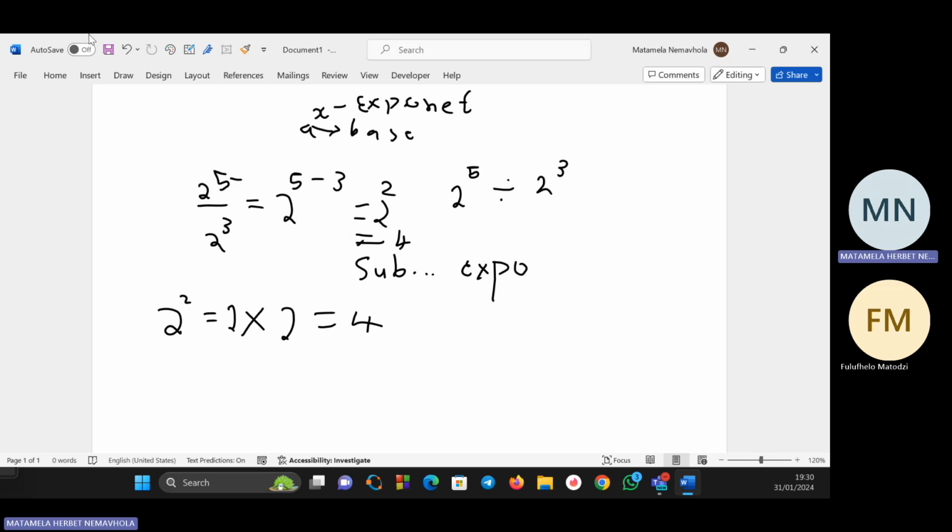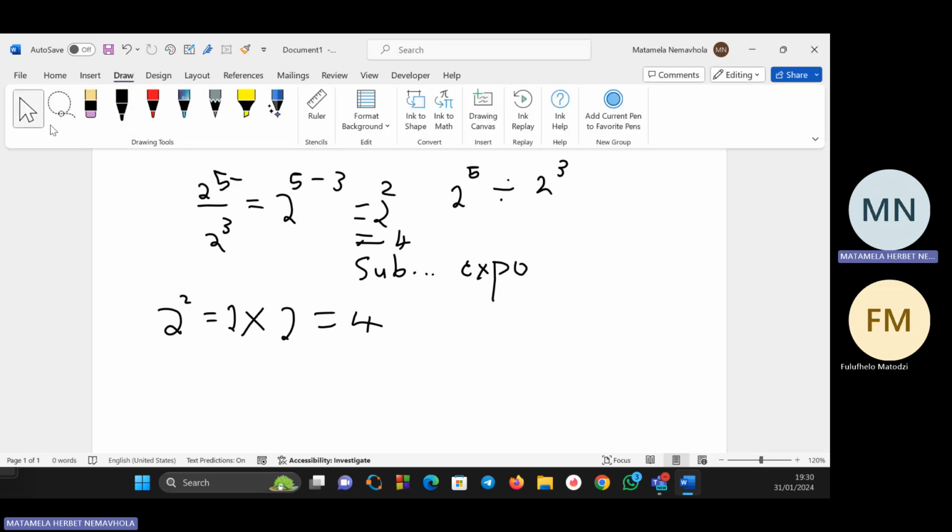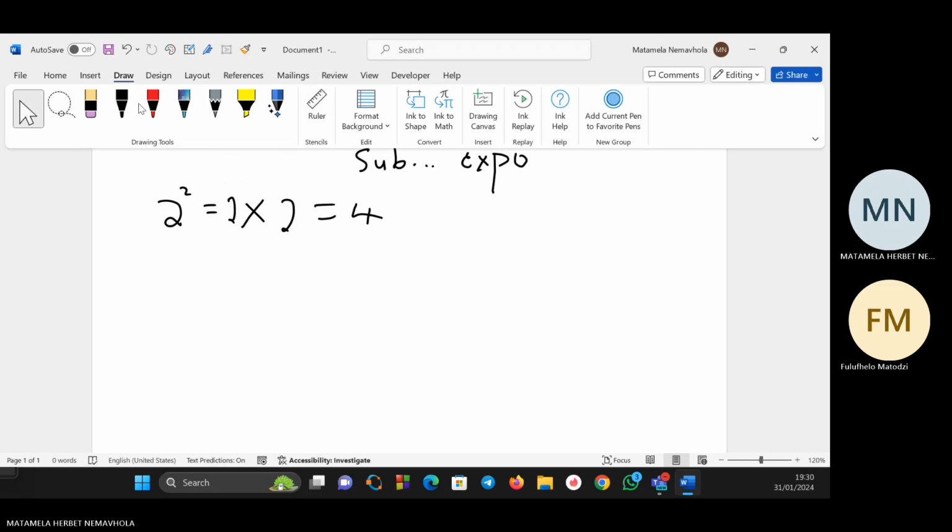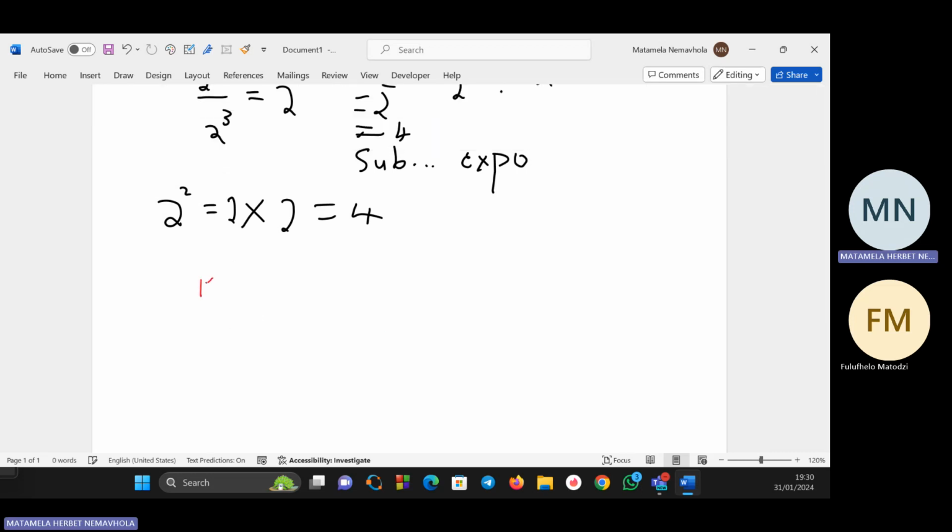So let me do more examples based on the division part. You can have, for example, 10 to the power 3 divided by 10 to the power negative 2. This is very nice.